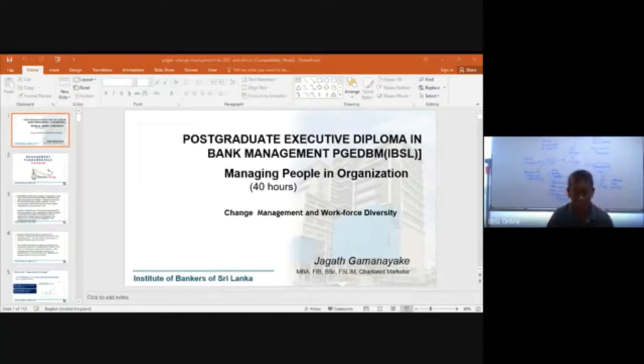That is called diversity in an organization. Different age, different educational level, right? That is what you call workforce diversity.